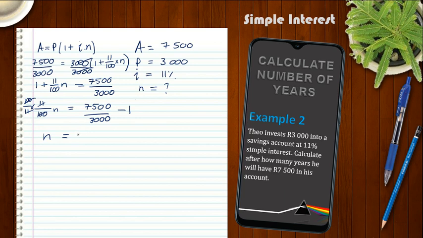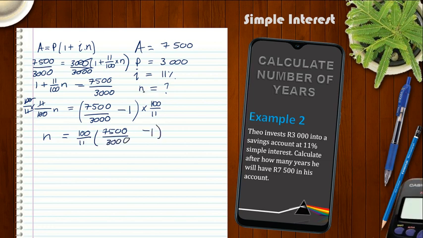So if we multiply both sides by 100 over 11, this gives us 100 over 11, and then 7,500 over 3,000 minus 1.